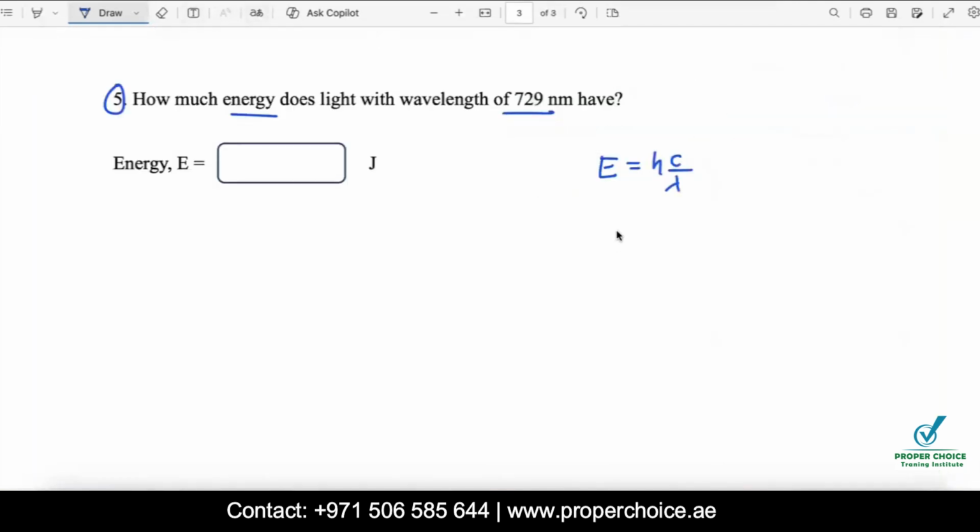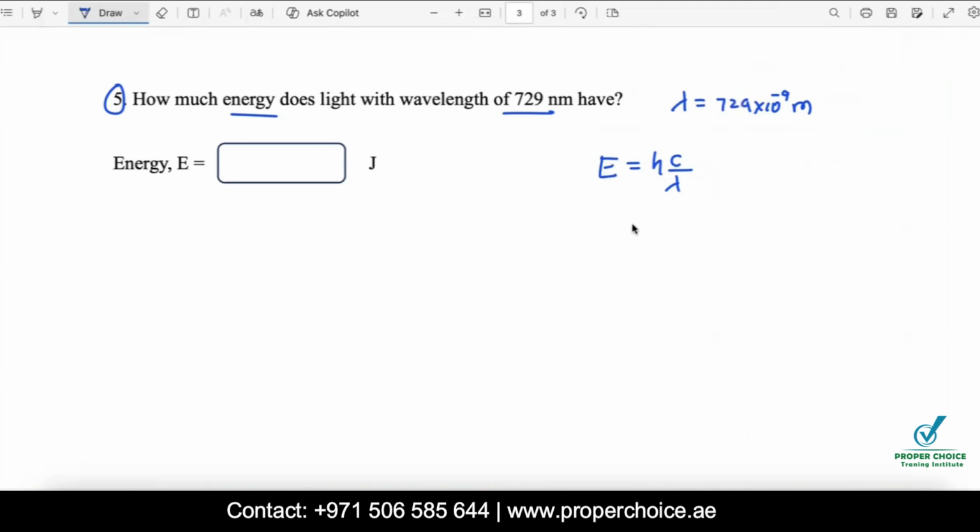I'm just using it. So substitute it. As they have given, the wavelength is 729 nanometer. Nanometer means this value multiplied with 10 to the power negative 9. So 729 into 10 to the power negative 9 meter. We change the unit from nanometer to meter because the SI unit for length is meter.